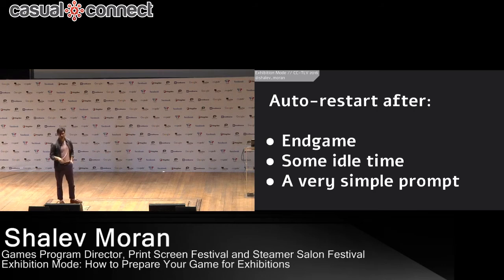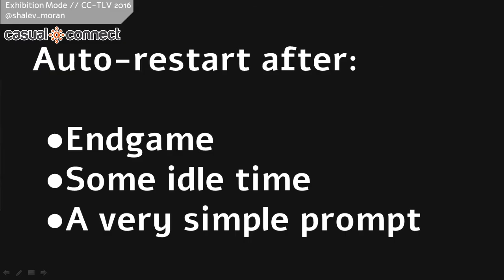Endgame: if a player finishes playing your exhibition build, the content you cut for the build, make the game auto-restart immediately after that, so that this player, A, knows that they're done, put down the controller and let somebody else play, and B, because people will leave your booth, and you don't want to be chasing after your game all the time and making sure it's ready for the next player.